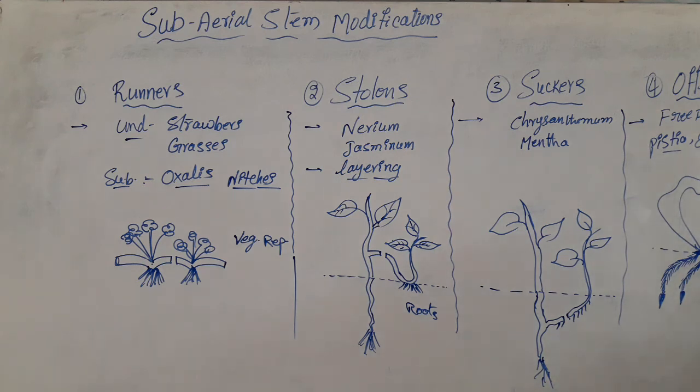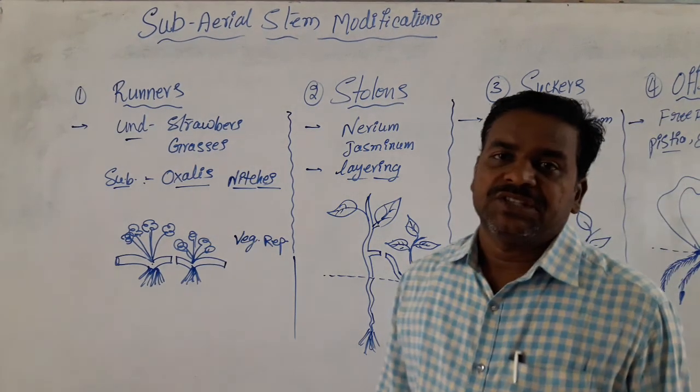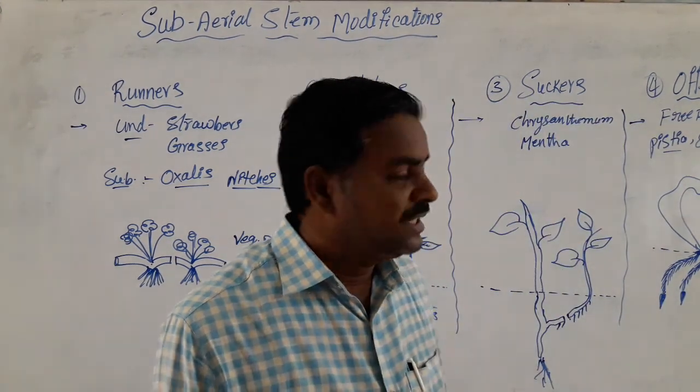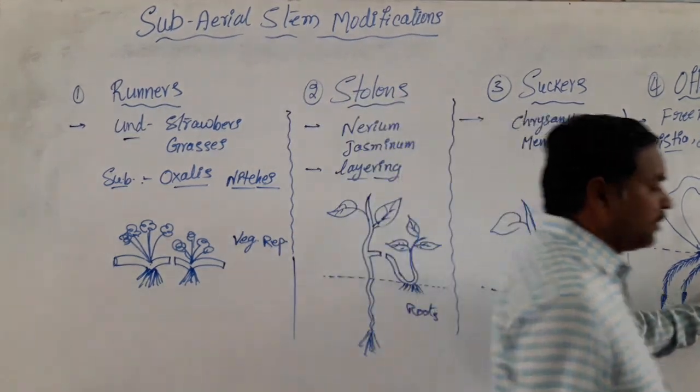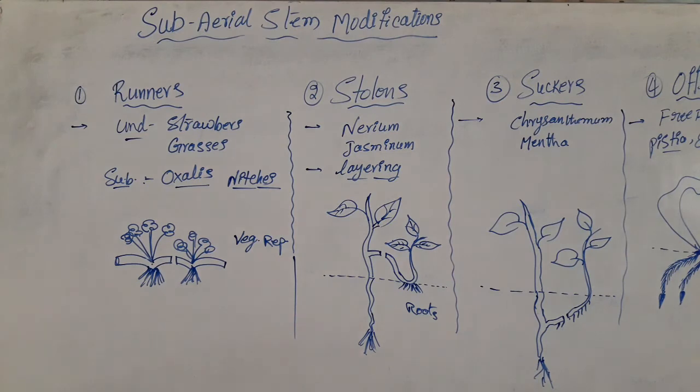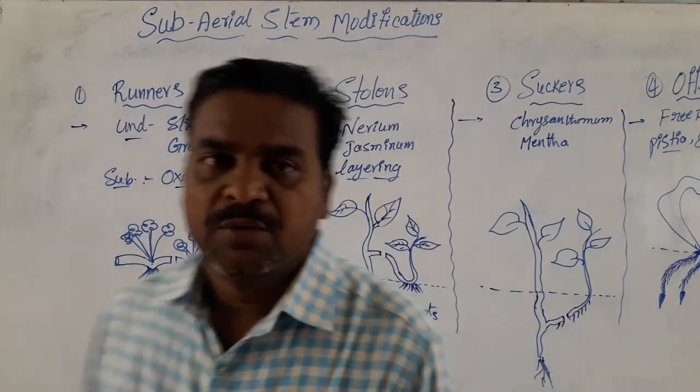These single internodal horizontal branches developed from the reduced stem in these hydrophytes are called offsets. These offsets lead an independent life. Thus they help in vegetative propagation.